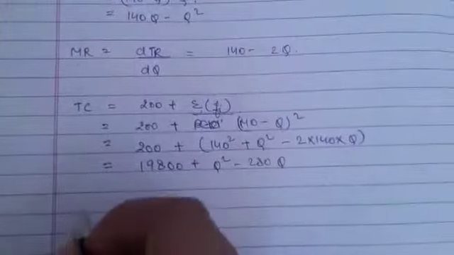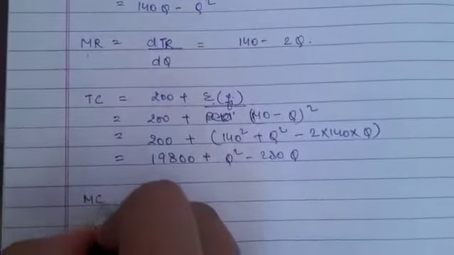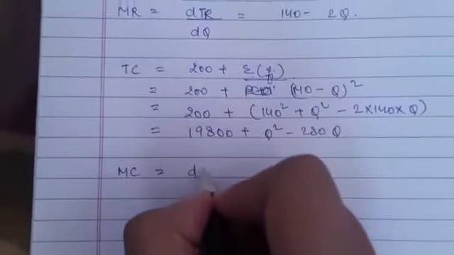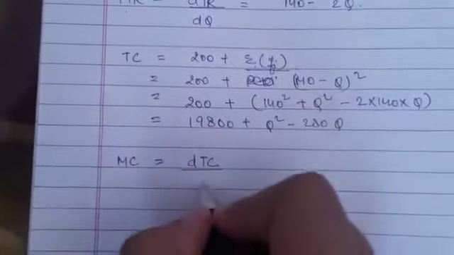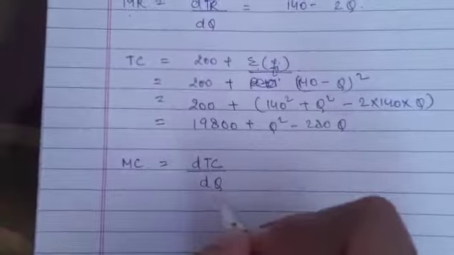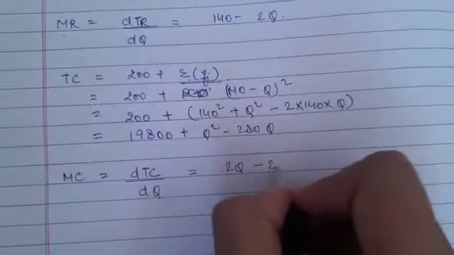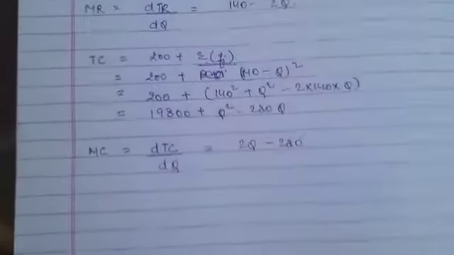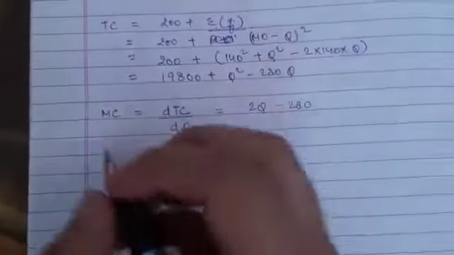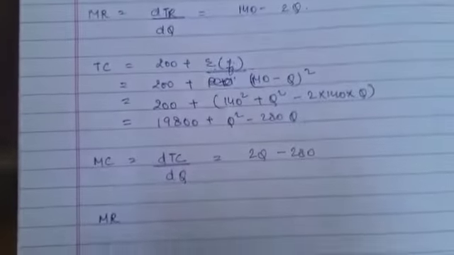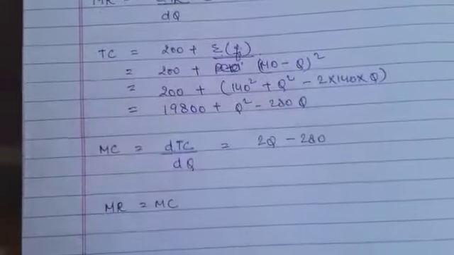Now to get marginal cost, the derivative of total cost with respect to Q, it will be 2Q minus 280. Now we know marginal revenue equals marginal cost.